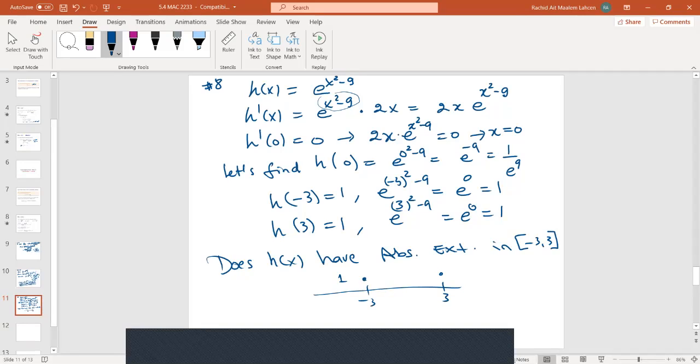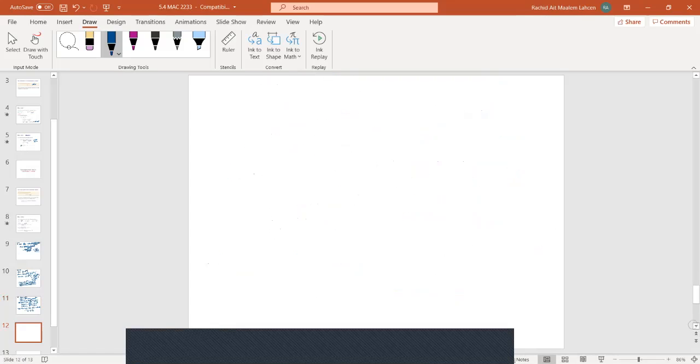And for 0, which is in between, it has a value of 1 over e to the power 9. That's going to be a really small number. It's not going to be bigger than 1 because you're dividing 1 by a big number.